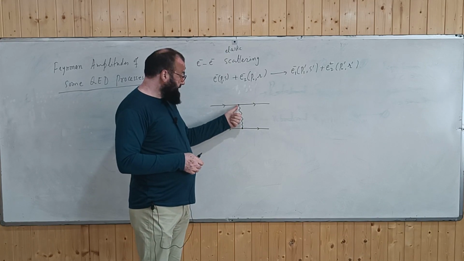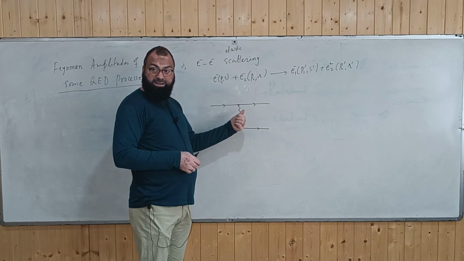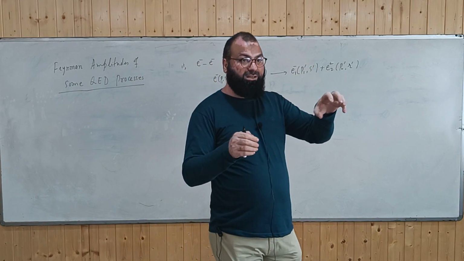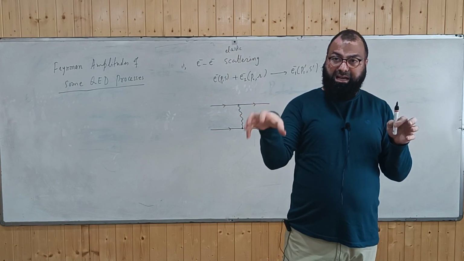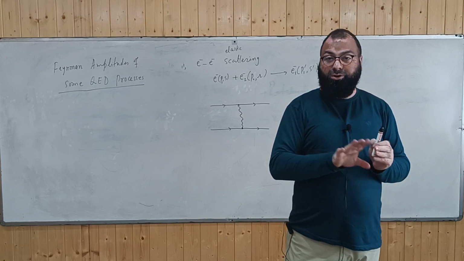So this influences that field, and there is a back reaction of this electron on the other. In other words, there is a mutual interaction between the two. The way one electron influences the other, the other influences the first one in the same way. Clear?